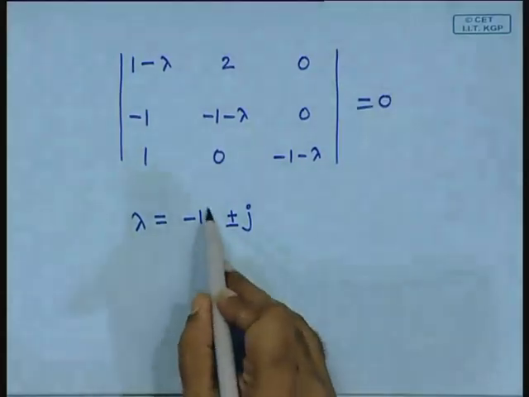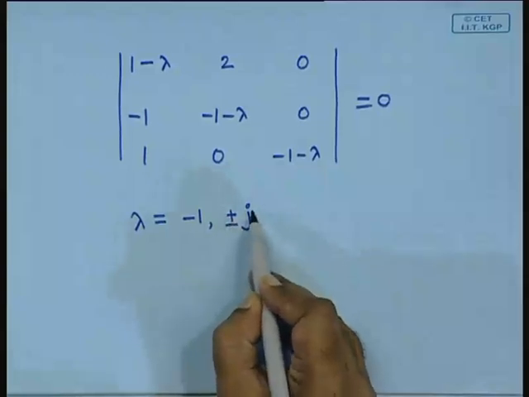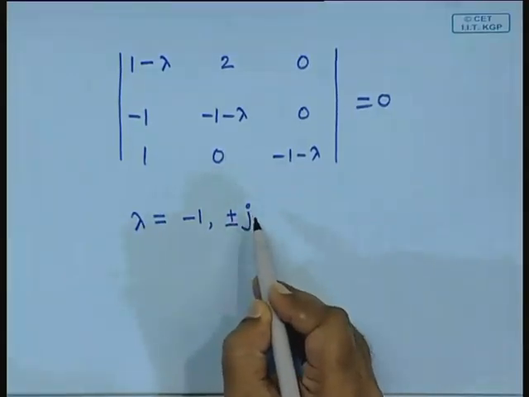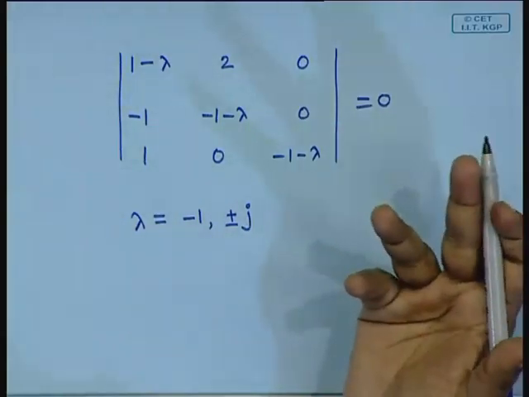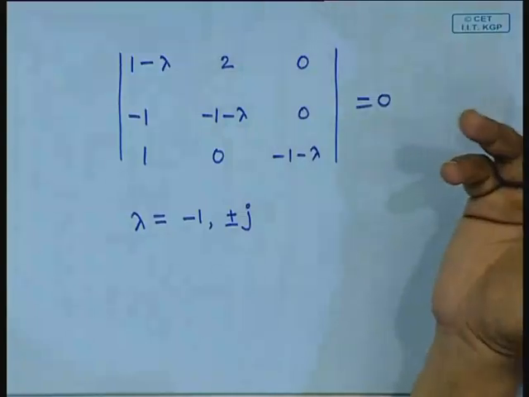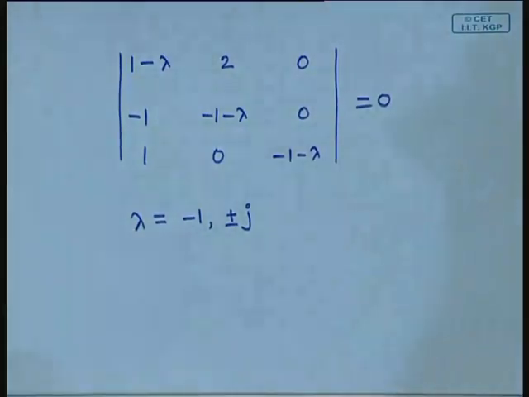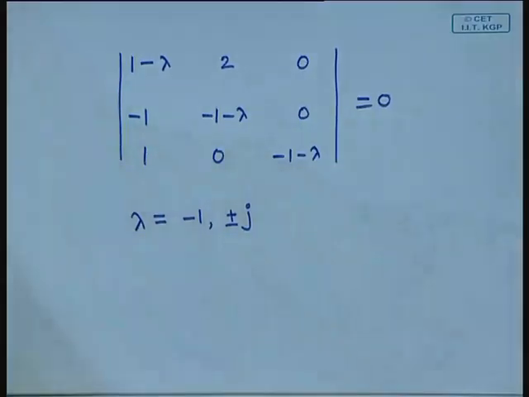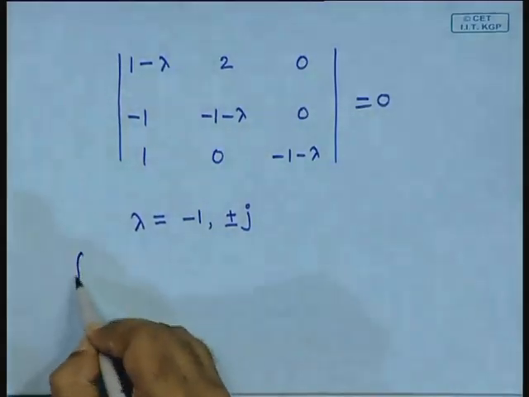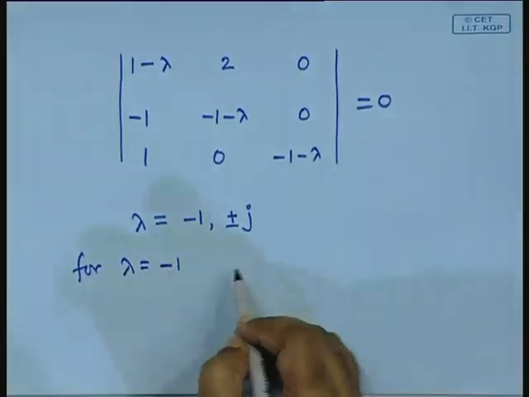Okay, so there will be an eigenvector associated with minus 1, there will be an eigenvector associated with plus j, and as we have done already, we will not bother about the minus j component, because that gives no new information. So, just go ahead exactly in the same way. First, what is the eigenvector associated with minus 1?